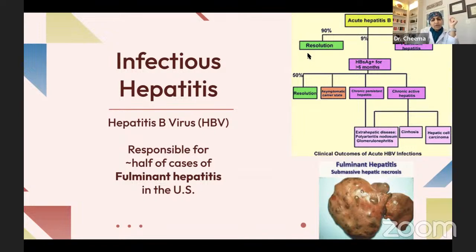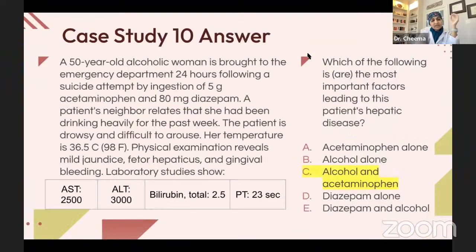And why not option A? Acetaminophen alone is capable of producing significant hepatotoxicity, especially in children. And the patient's history in this case study suggests that alcohol played a contributing role. And alcohol alone is also a hepatotoxic drug, and in large amounts may cause acute alcoholic hepatitis.